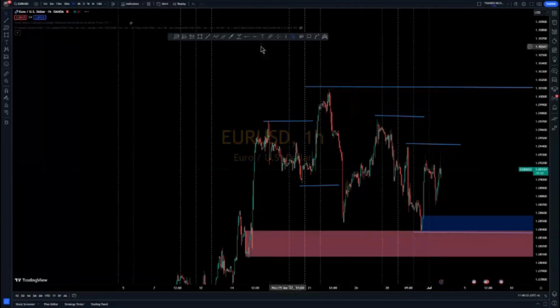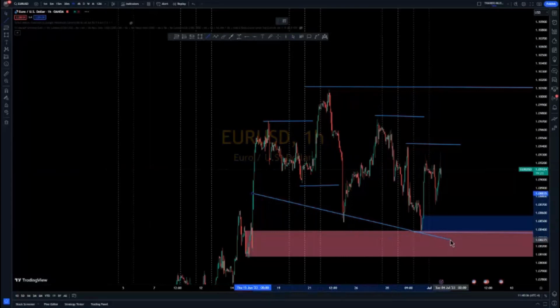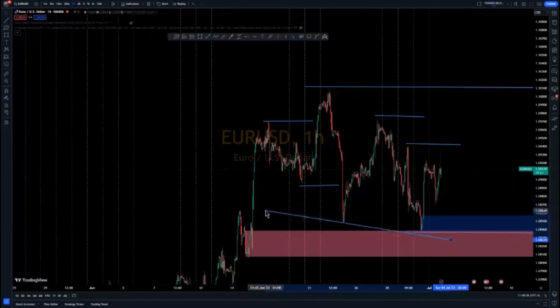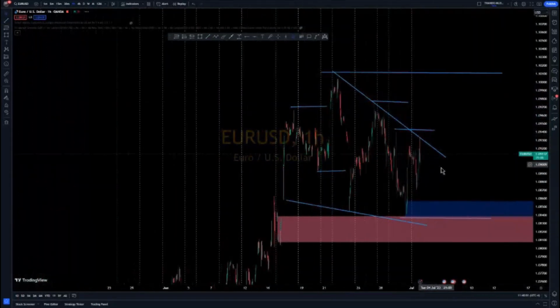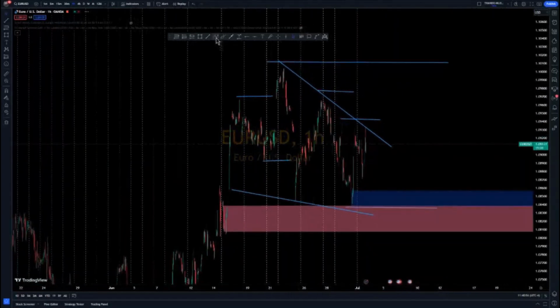Also, if you take a look at this, it's more like some kind of flag currently forming, some kind of upward continuation pattern. As you can see, maybe one of those ascending triangles towards the upside could occur in this area.